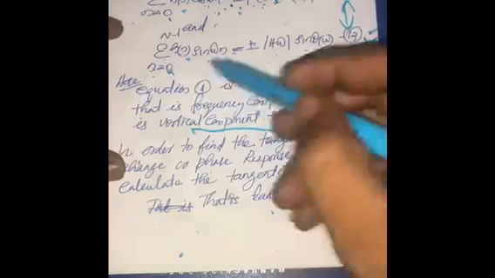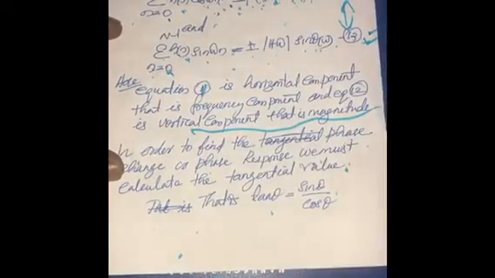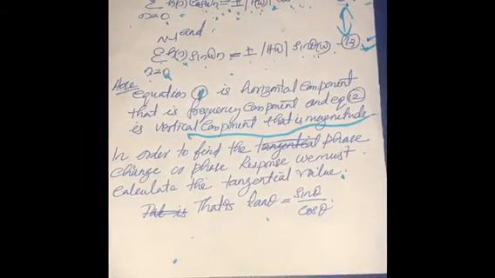Here equation 11 is the horizontal component, that is a frequency component, and equation 12 is the vertical component, that is the magnitude. In order to find the phase change or phase response, we must calculate the tangential value, that is tan theta is equal to sin theta by cos theta.